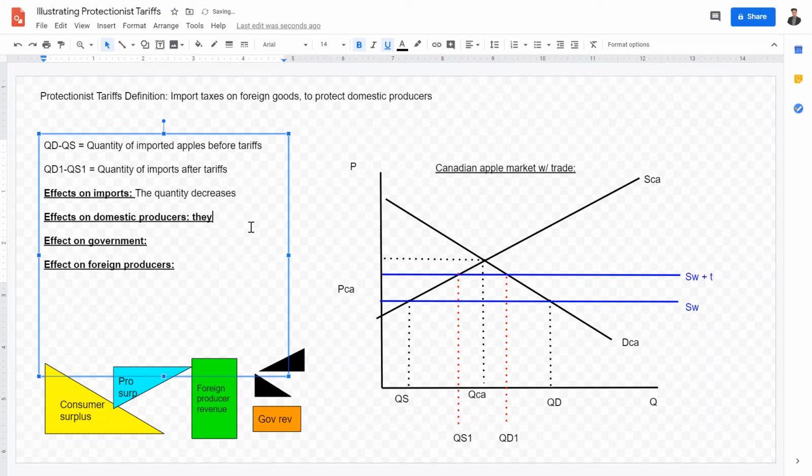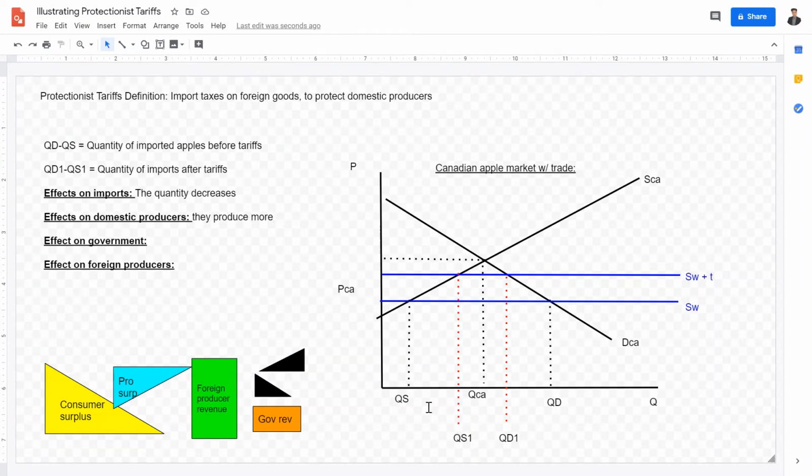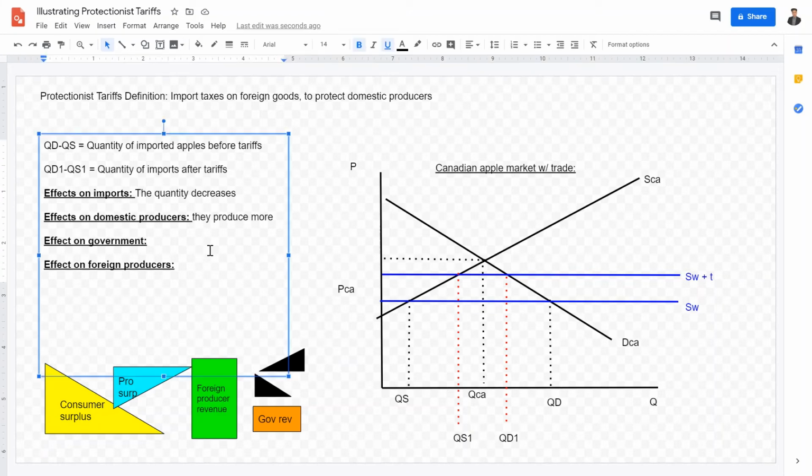What's the effect on domestic producers? They produce more, because it makes more sense for them to produce at such a higher price. Foreign apples are now more expensive, which makes domestic apples more appealing. The effect on government is that they receive income from the tariff, and that, of course, is a welfare gain.